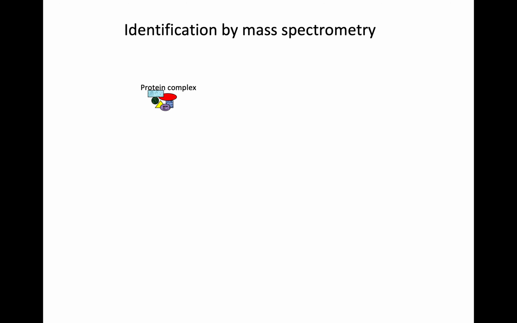So how is mass spectrometry different from Edman sequencing? It's very different, so have a look over here. You have a protein complex, but when you don't have a specific type of protein and you just extract protein, it is in a crude form, a jumbled mixture of proteins.